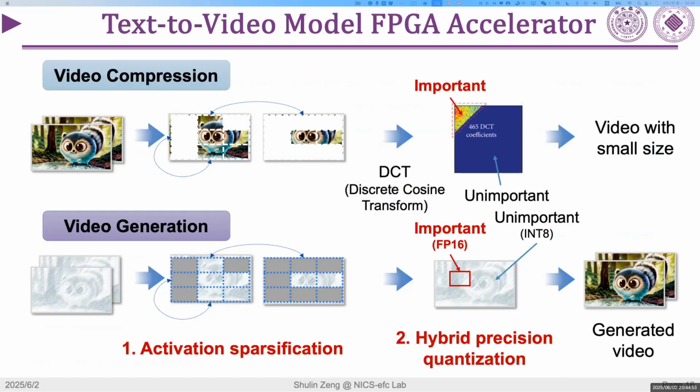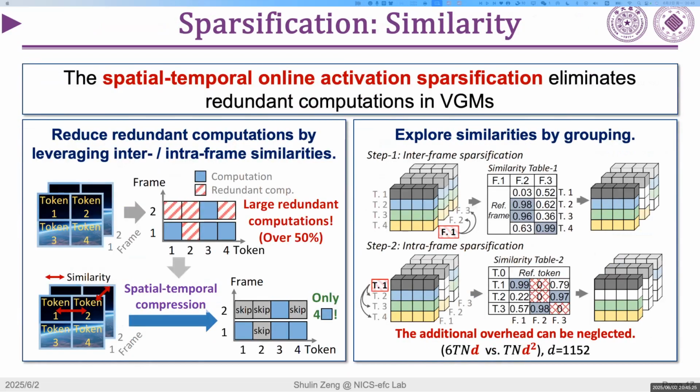When we try to accelerate video generation, we draw on the ideas of traditional video compression. The basic idea is to divide the video into blocks and explore the similarity and importance between those blocks. In this way, the sparsity technique and mixed precision quantization can be used to efficiently process different blocks.